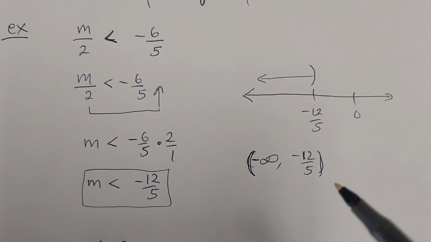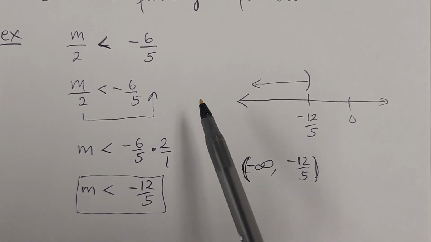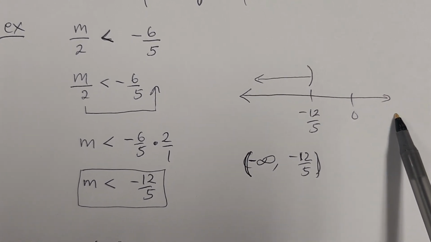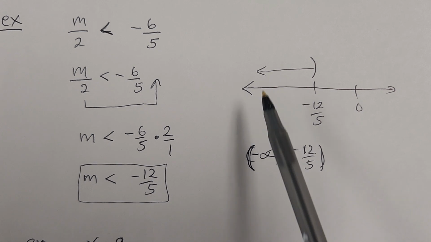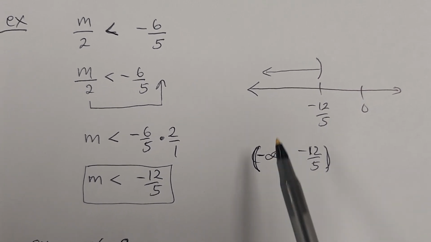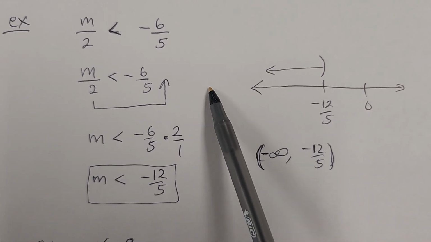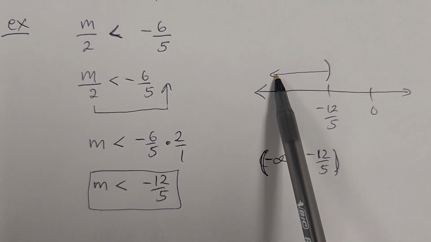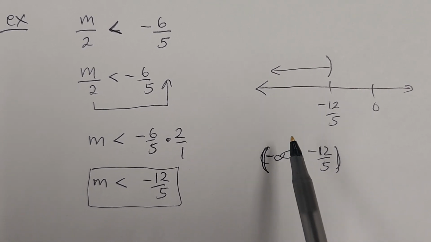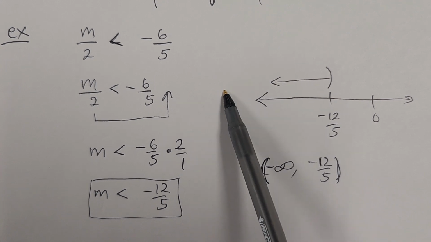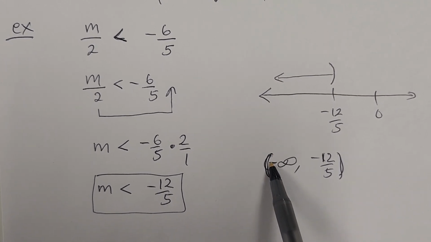One more time. When you do the interval notation, start from the left and work your way to the right. Over here, this is negative infinity because of this arrow. There's nothing here, but because of this arrow it is infinity, and since it's on the left side, it's negative infinity.